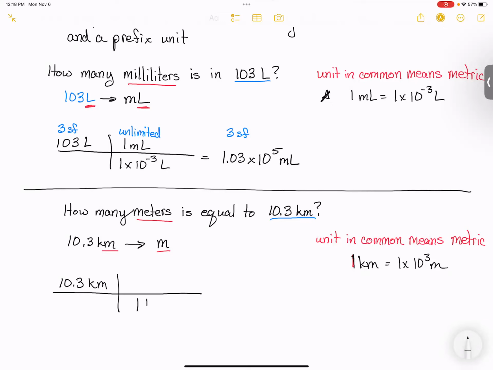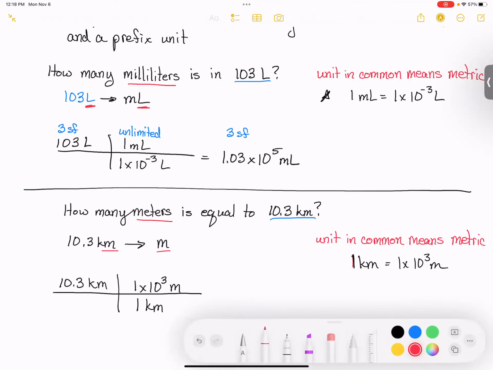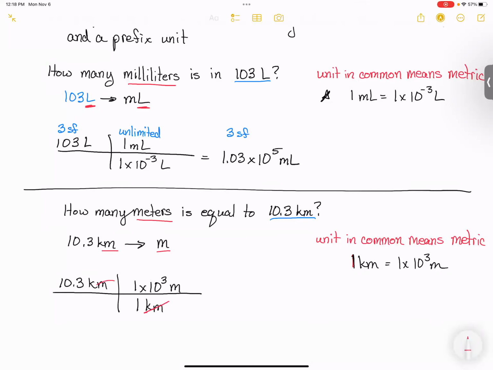So 1 kilometer is going to go into the denominator. The other portion of the equality will go into the numerator. So 1 times 10 to the third meters goes in the numerator. The kilometers cancel and I'm left with meters.